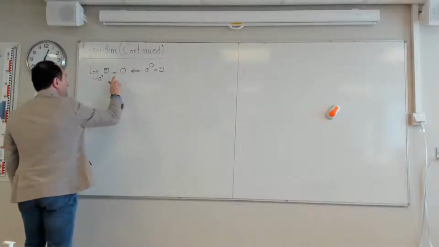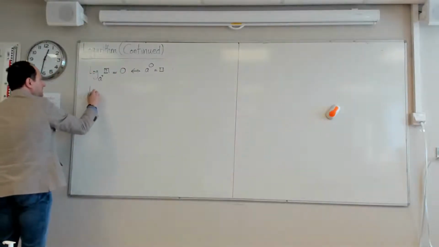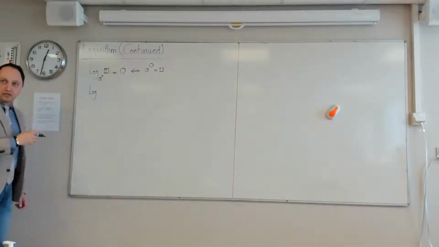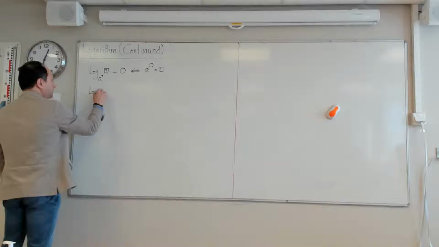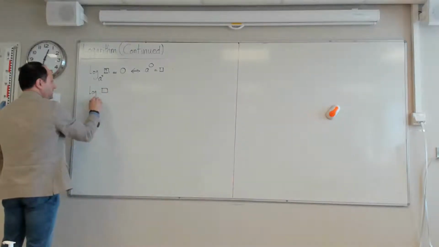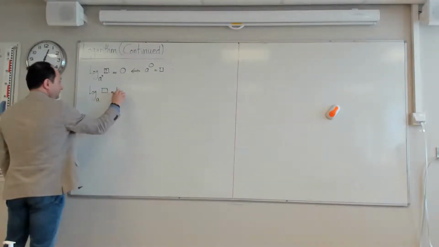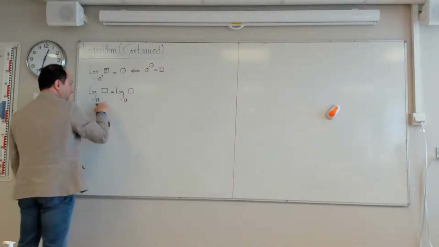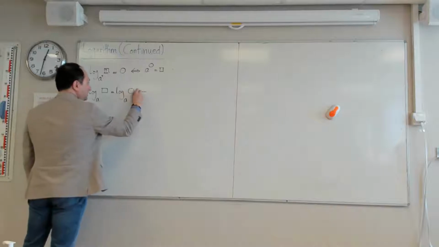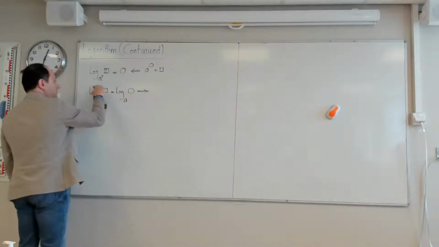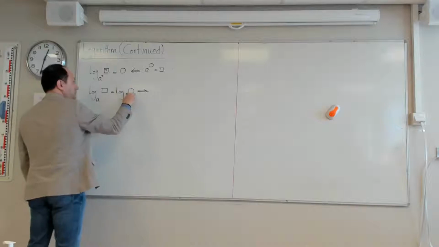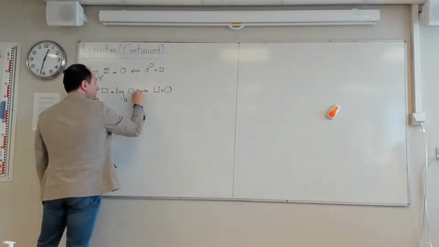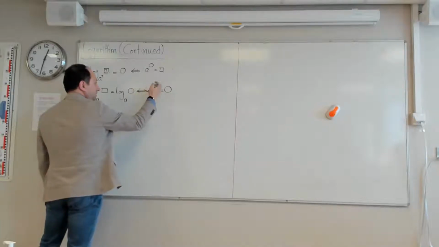This is one possibility. The other possibility, if you remember, relies on the logarithmic function being 1-to-1. If I have the log of a box in base A equal to the log of something else in the same base A, then my conclusion is that what is inside here should match what is inside there. If someone asks you why, you can motivate it using graphical tools, not analytically, which is higher than the level of the course.